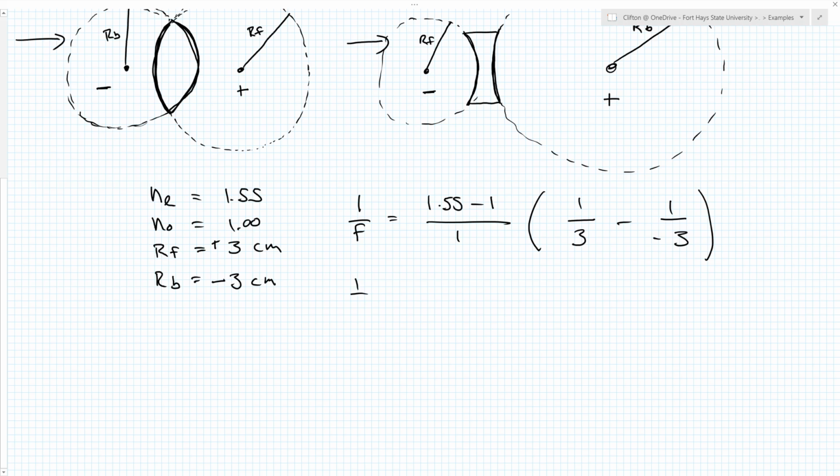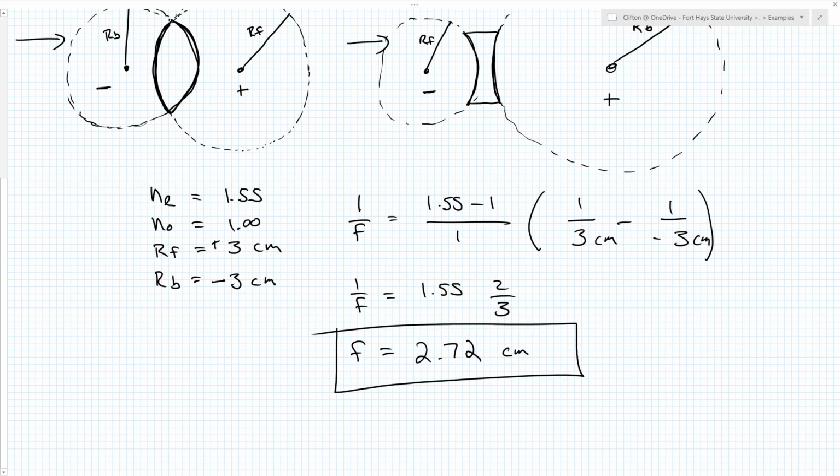Alright, so 1 over f is going to be equal to 1.55 times 2 over 3. If I invert that, I get that the focal length is 2.72. Since I've used the refractive index as dimensionless, but these are centimeters, so when I invert that, I'm going to get centimeters. So the focal length of this crystal ball is going to be 2.72 centimeters.